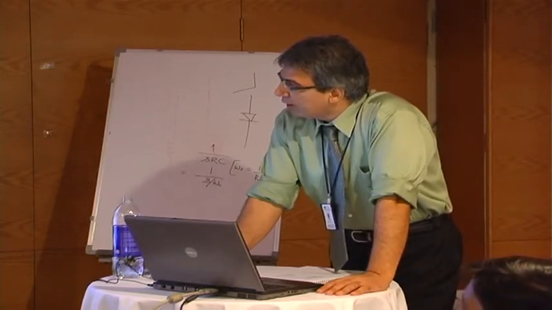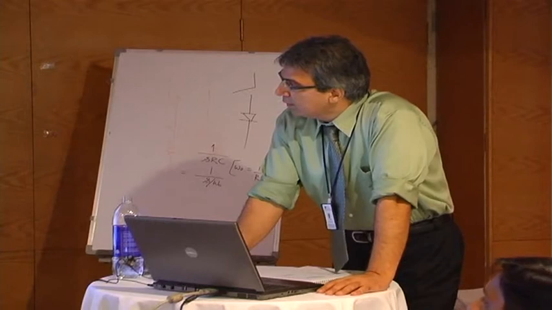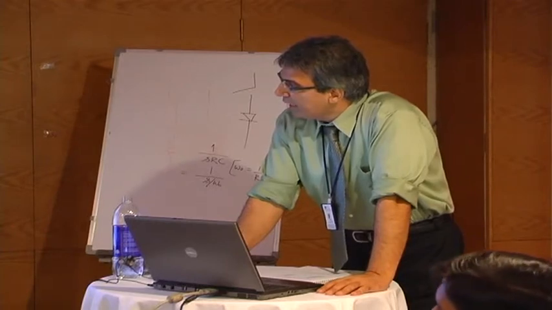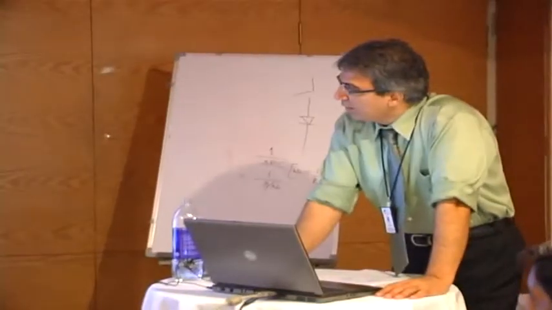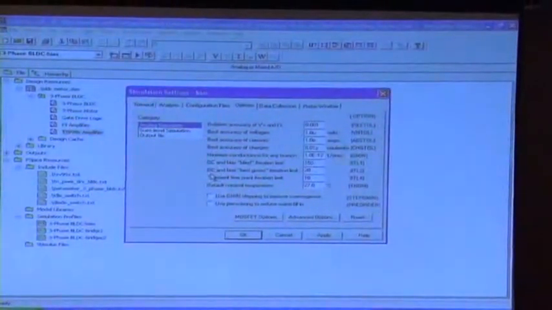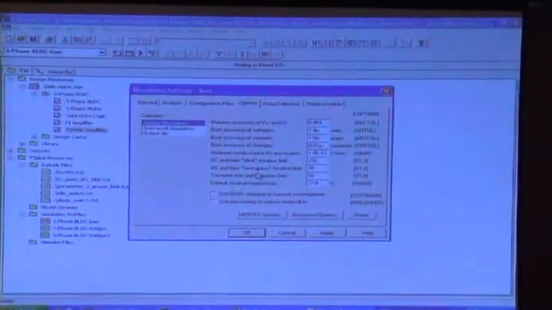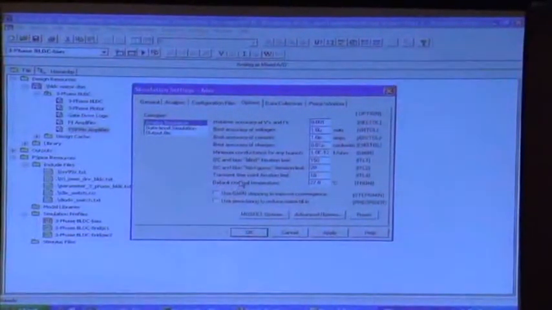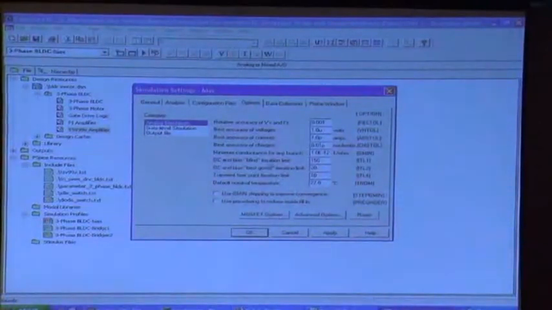Best accuracy of charges. Minimum conductance for any branch, DC and bias blind iteration limit, DC and bias best case iteration limit, transient time point iteration limit, and then default nominal temperature. Now, of course, that doesn't do much for convergence.